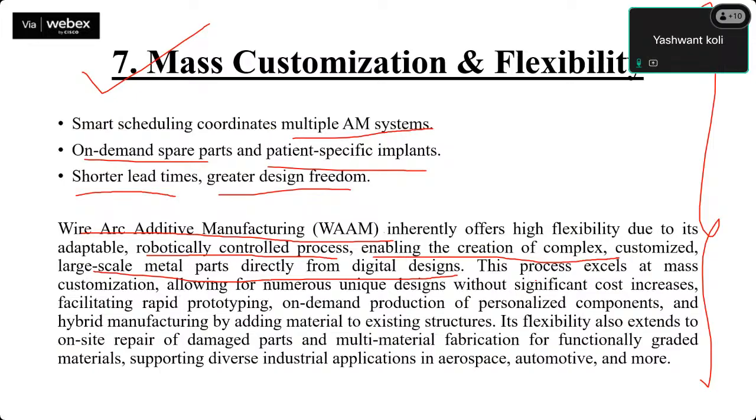So this process excels at customization, allowing for numerous unique designs without a significant cost increase, facilitating rapid prototyping, on-demand production of personalized custom components, and hybrid manufacturing by adding material to existing structures. Its flexibility also extends to the on-site repair of damaged parts and multi-material fabrication for functionally graded materials, supporting diverse industry applications in aerospace, automotive, and more.